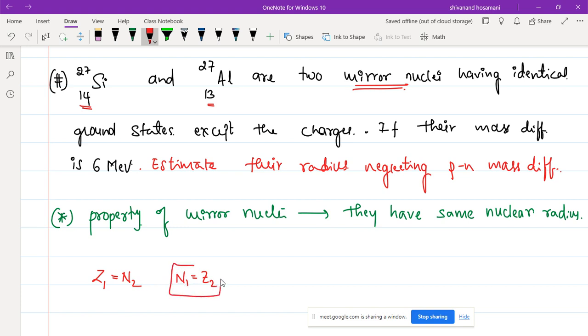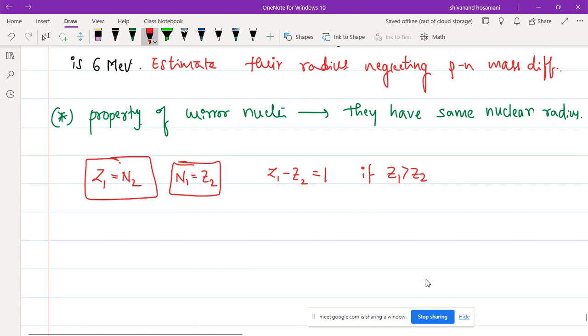Correct? So this is the mirror nuclear condition. Next, Z1 minus Z2 should always be equal to 1 if Z1 is greater than Z2. These are the mirror nuclei properties. Here I am doing the solution.